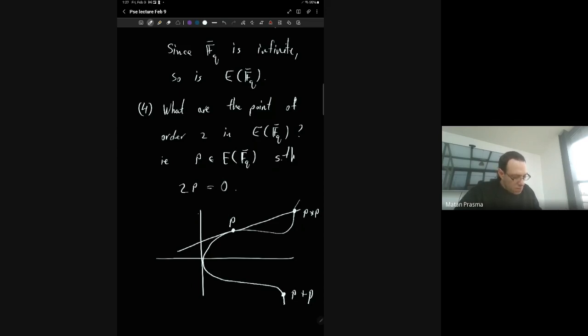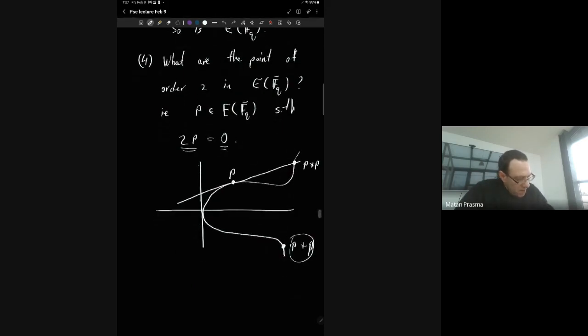Now, to say that 2P is equal to O means that this point, P star P, is the point at infinity. So 2P is equal to 0 if and only if the tangent to E at P is vertical.